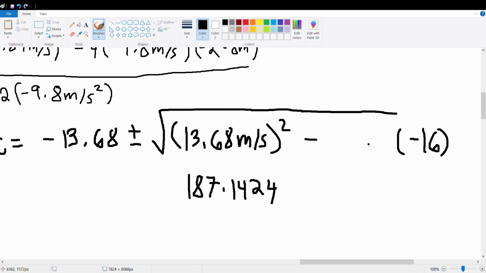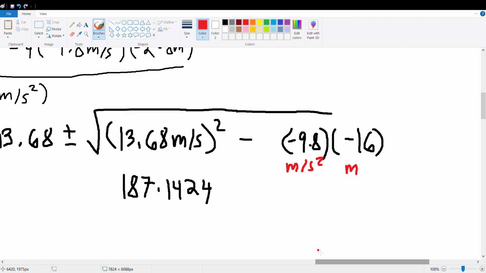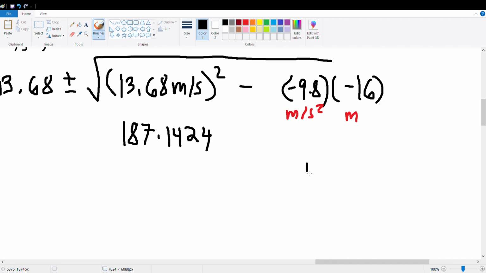And then negative 9.8 meters per second squared, then meters. So negative 9.8 times negative 16 is 156.8. So 156.8, negative 4 times that.